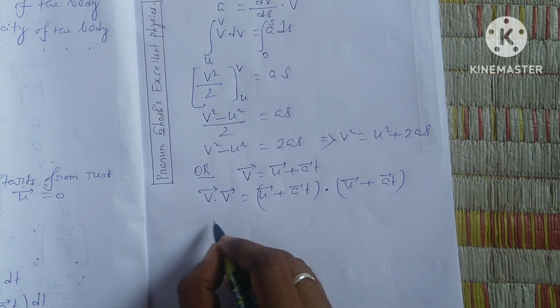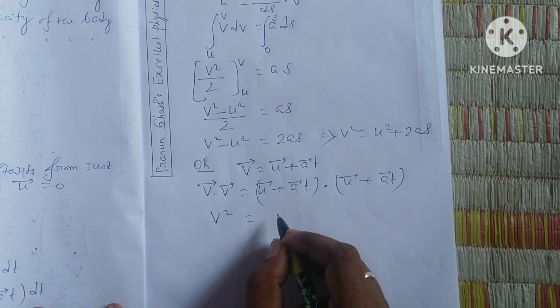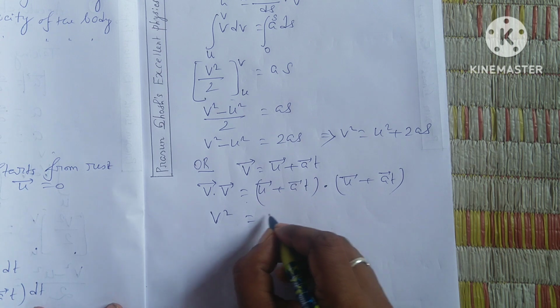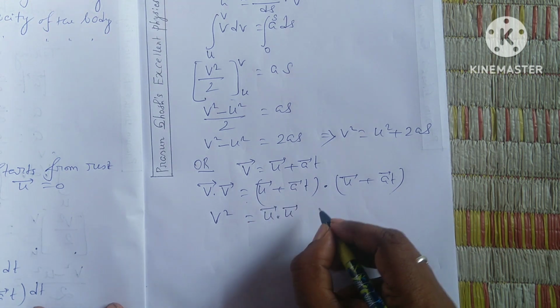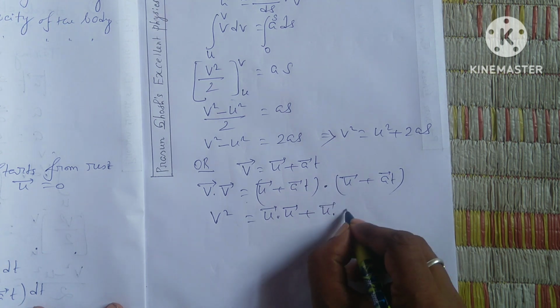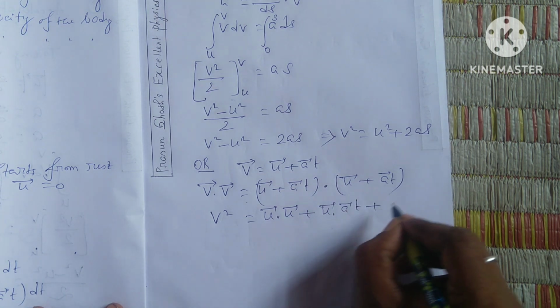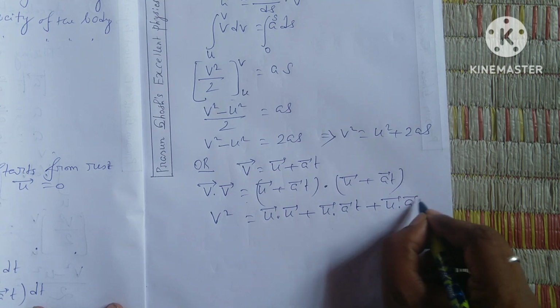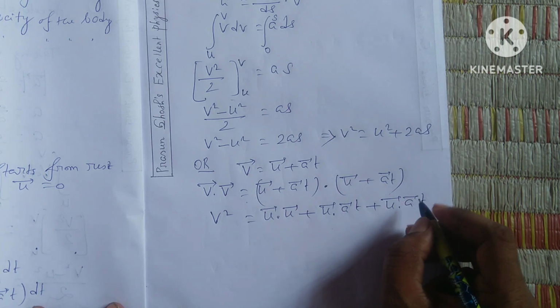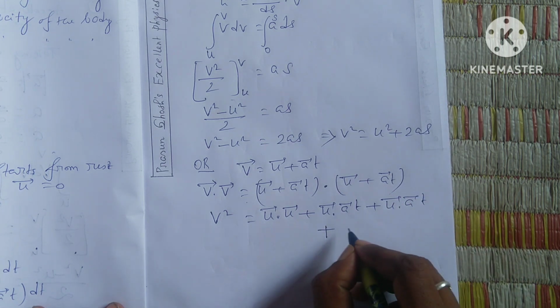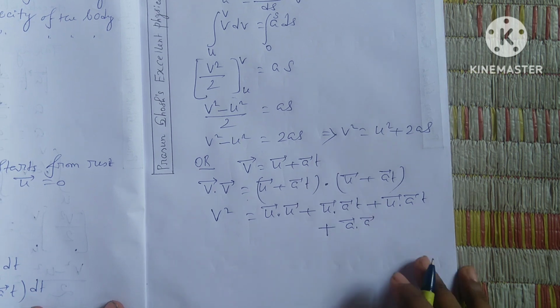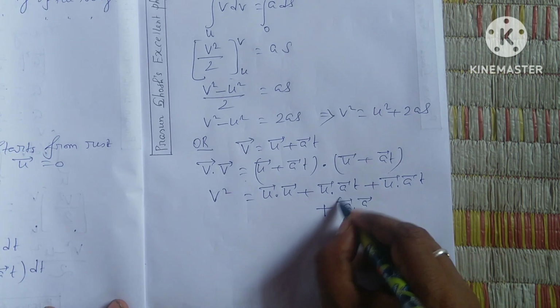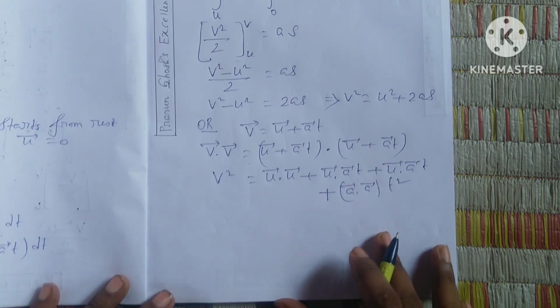So this is v square. We can write u dot u plus u dot at plus u dot at, plus a dot a t square.